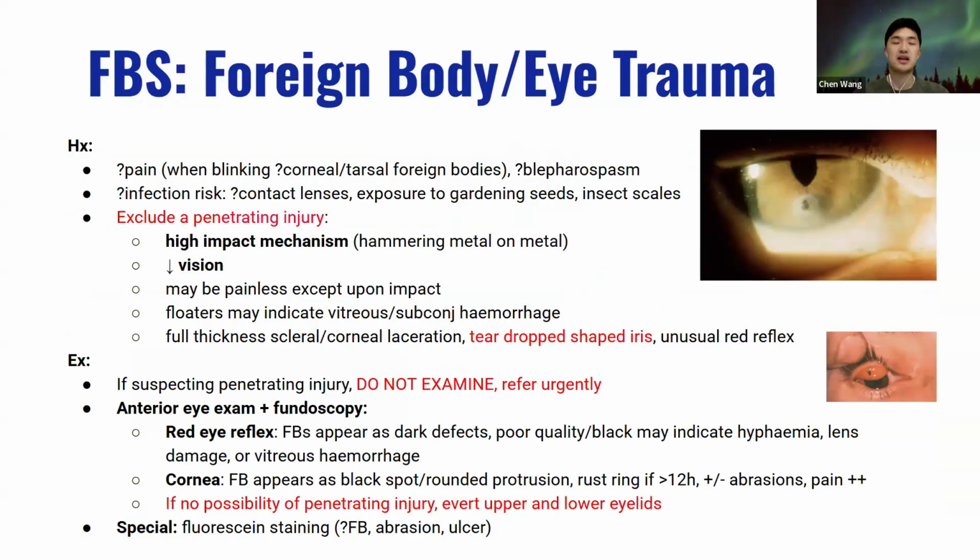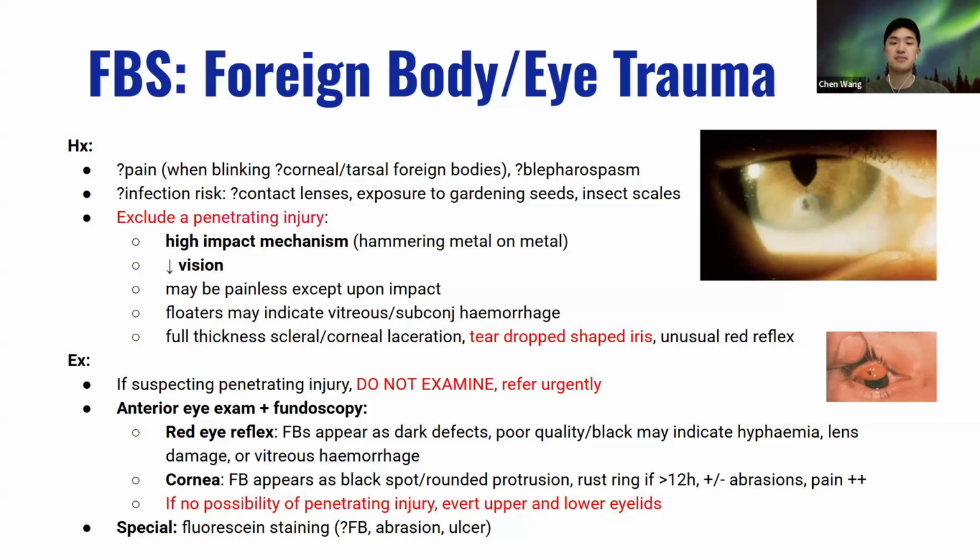And again, you need to think about the infection risk, whether they have risk factors like wearing contact lenses, if they're a gardener with a little branch in their eye, or whether they have diabetes, which can lead to localized immunosuppression in that area and make infection more likely.